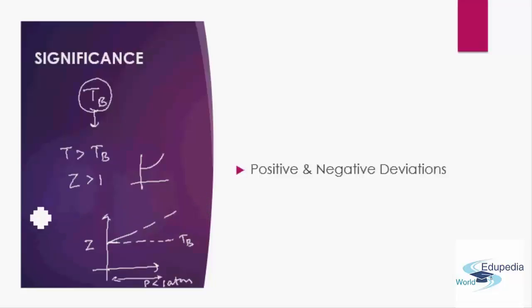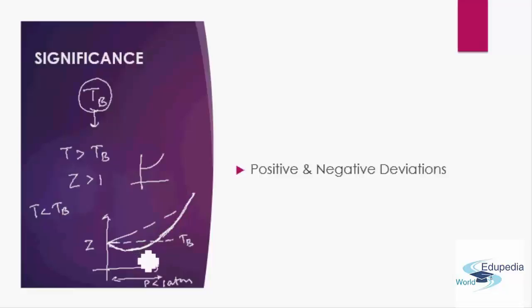But if temperature is less than TB, then the behavior of your gas will be somewhat complicated. It will be like this. The gas will show negative deviation from ideality for this range of pressure, but once we get greedy and keep on increasing pressure further, the Z value will finally increase such that Z is greater than 1.